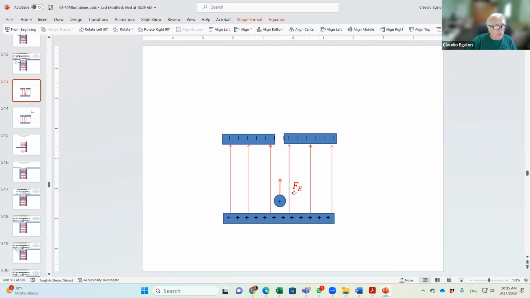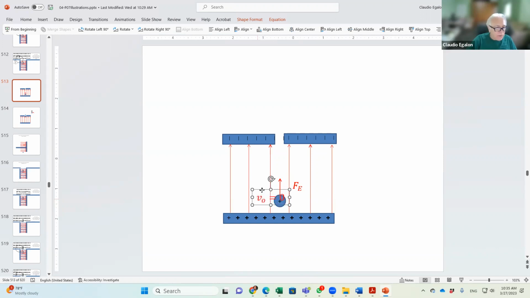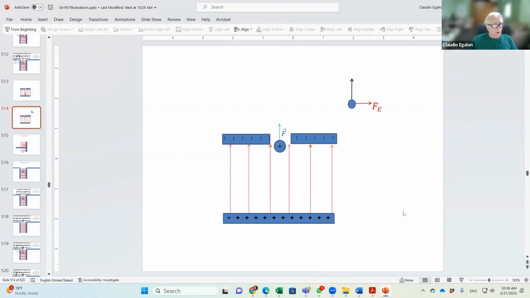Like I said, the charge is initially at rest, so I put V naught equal to 0. And again, there are some easy ways of doing that. I'm not going to go into the details.